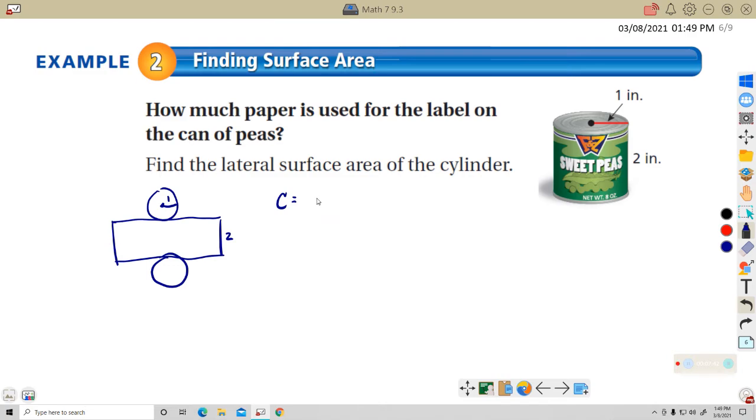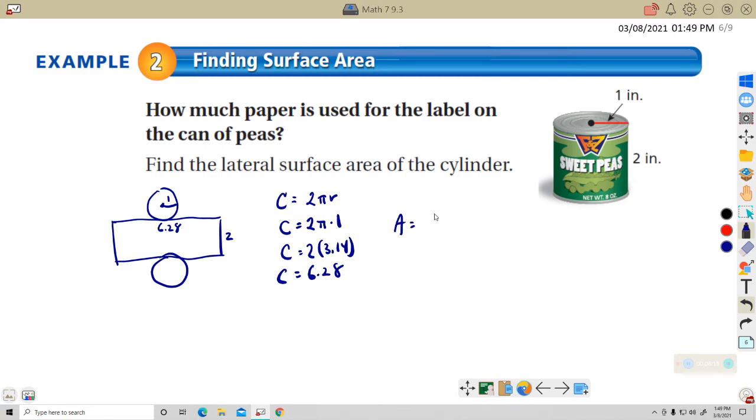The circumference is 2 pi r. In this case, it's 2 times pi times 1, because our radius is 1. So it's just 2 times 3.14. So the circumference will be 6.28. That's this length.